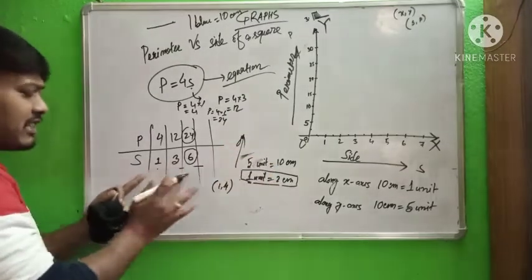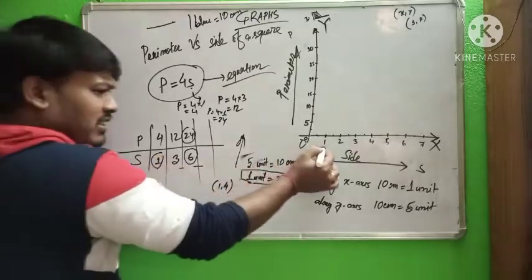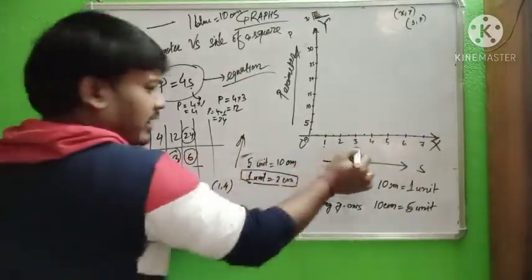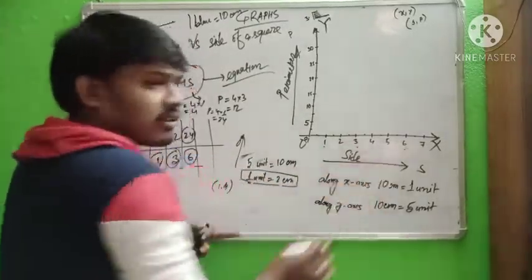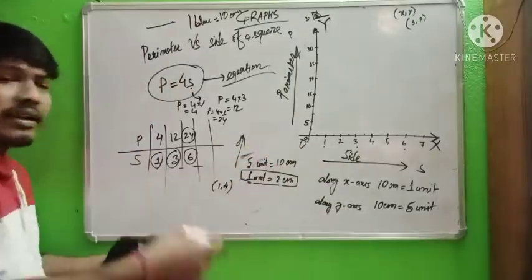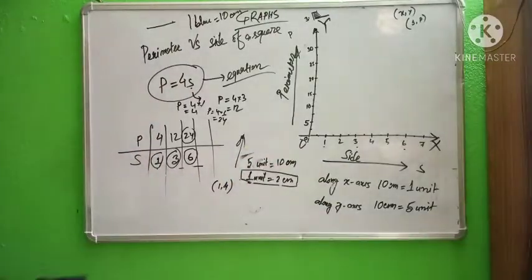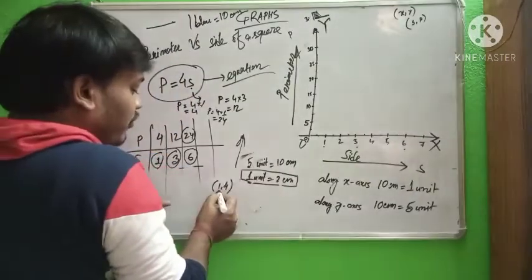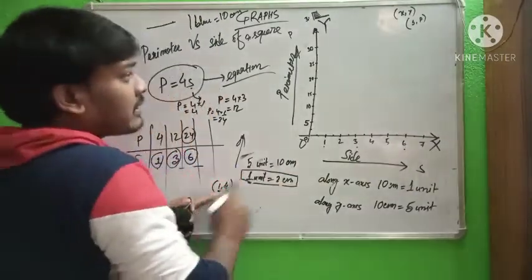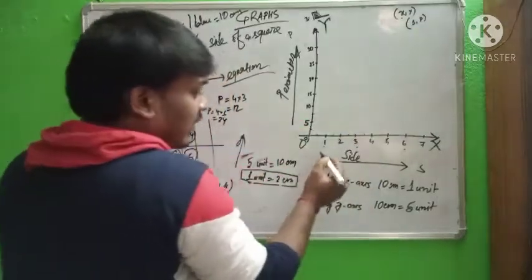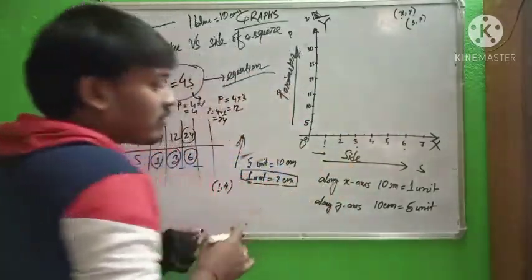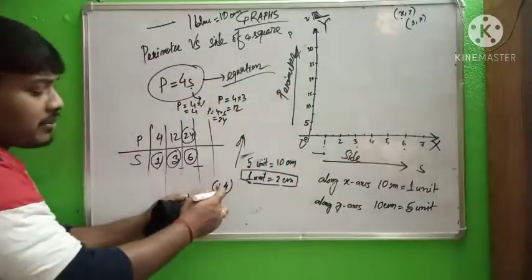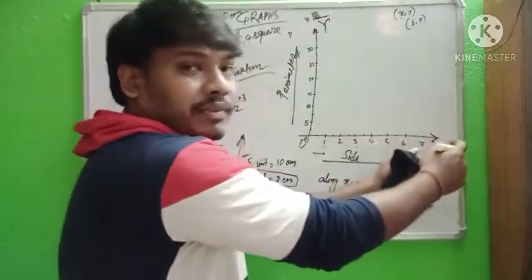Along the x-axis there is no problem. One value is directly given there, three value directly here, six value directly here. So we can find these types of values, there is no problem. So the first point is 1 comma 4. The first value, 1, means we go along the x axis, since it is positive, in the positive direction.